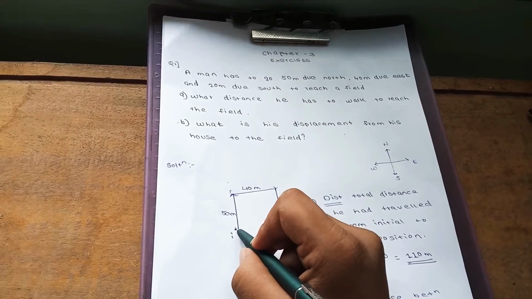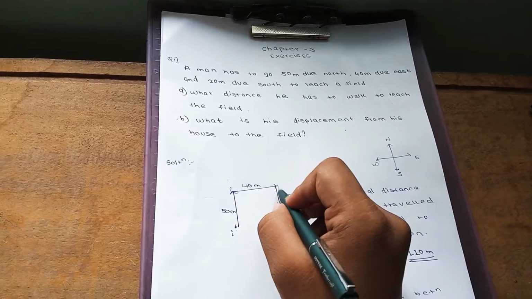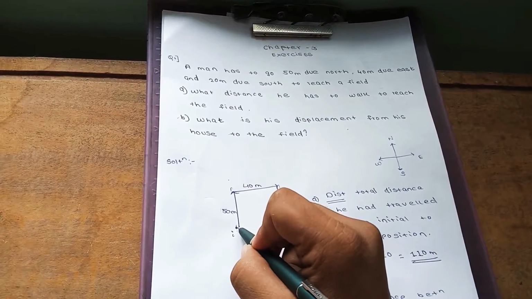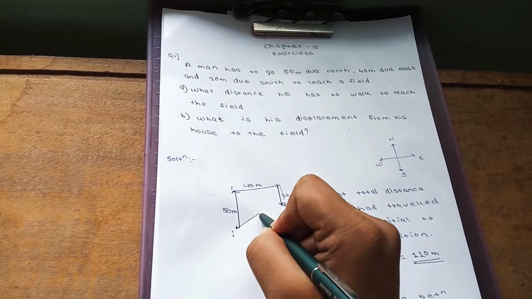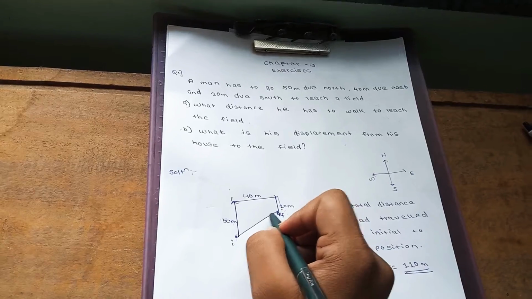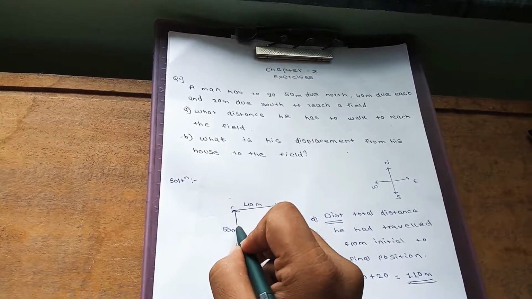For the shortest distance from initial to final position, we can't follow the path like this. Okay, so for the shortest distance we have to find this one distance, right, from initial to final position. And for finding this distance we will apply Pythagoras theorem.